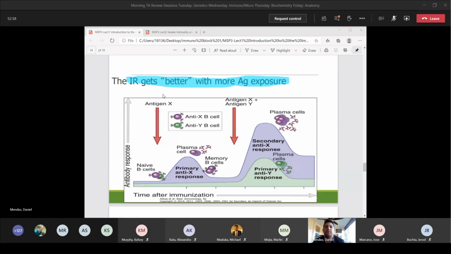This is only going to be for active, because if it's passive and someone gives you the antibodies, you're not making them. The antibodies don't have a long shelf life, so once they give them to you, you won't make more, and then you don't have that protection later on for a secondary exposure. So yes, the primary and secondary response that we're seeing here is only with active, which is under the umbrella of adaptive.